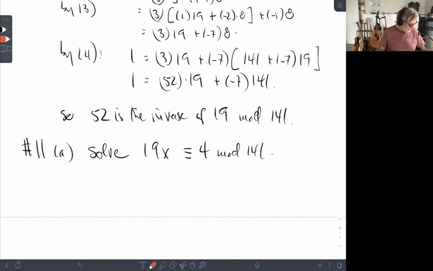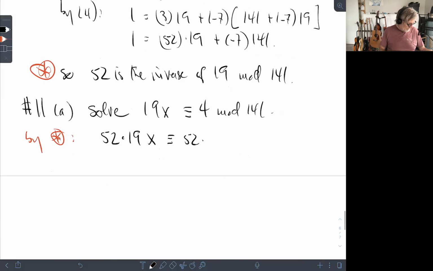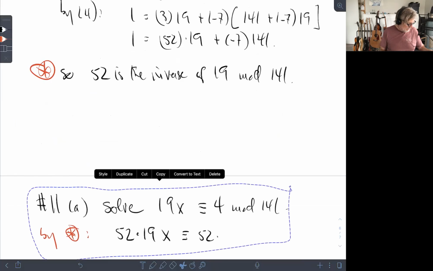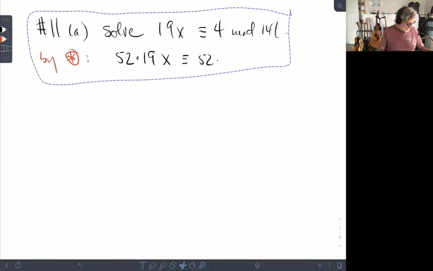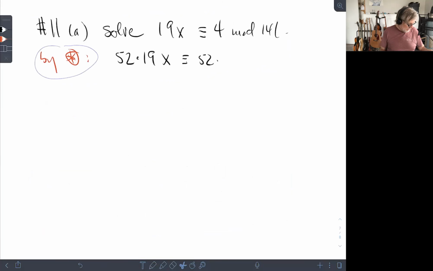Okay, so now I can use this. So 52 times 19x is congruent to 52 times 4 mod 141.